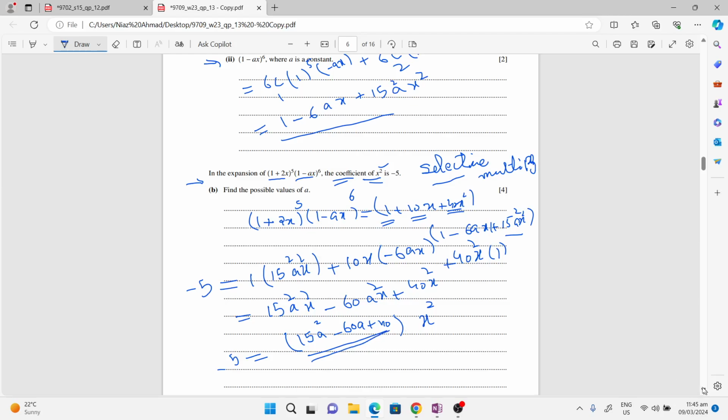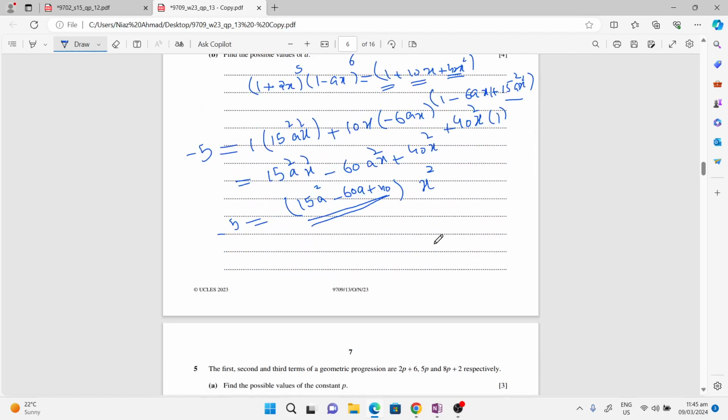So you basically need to compare the coefficient of x square with minus 5. So it's 15a square minus 60a plus 40 equals minus 5. Bring this minus 5 to this side. So it would be 15a square minus 60a plus 45, because this 5 is added to the 40, and it's equal to 0.